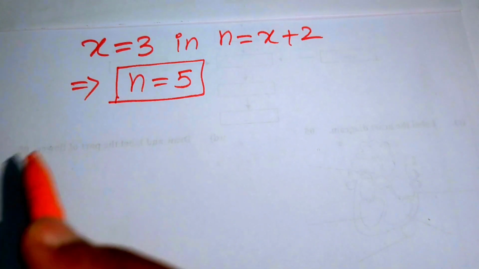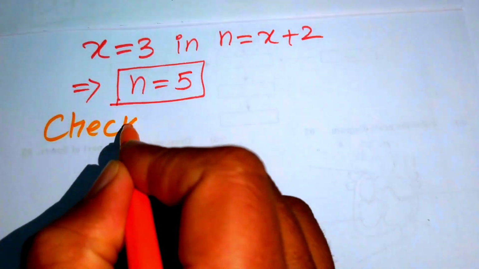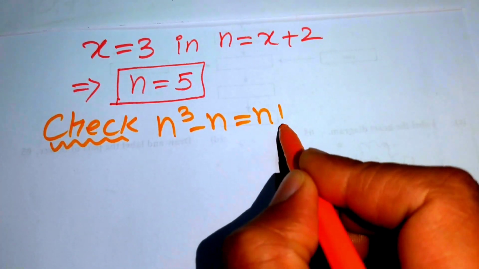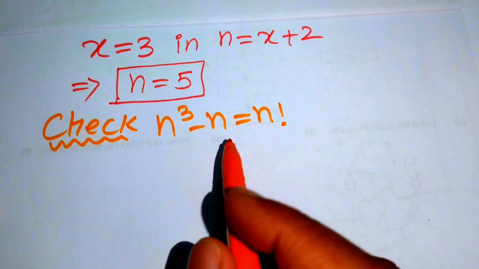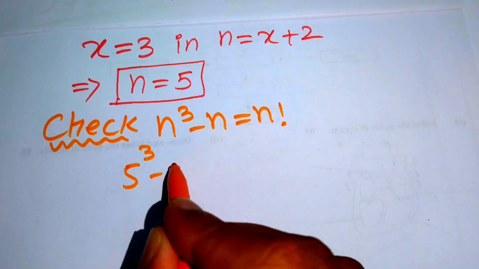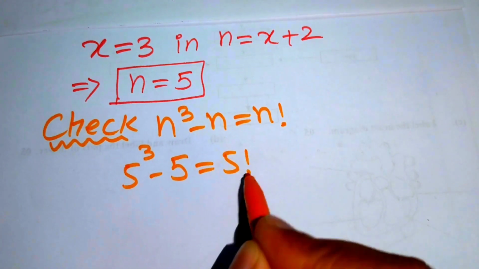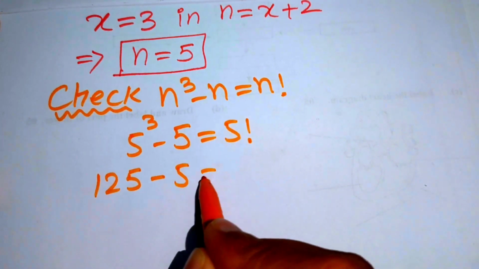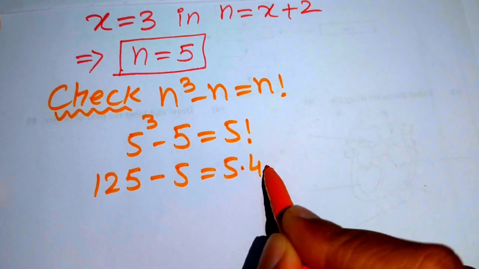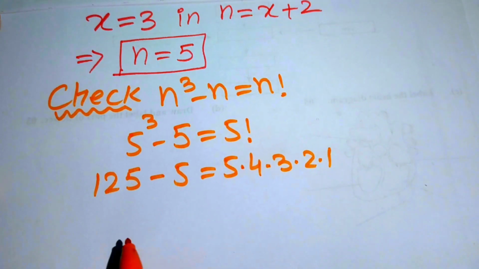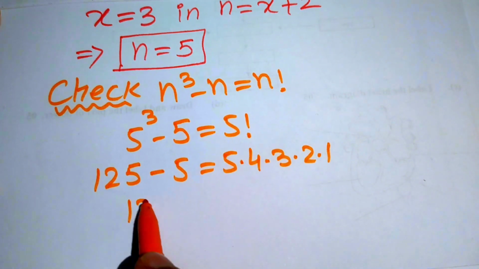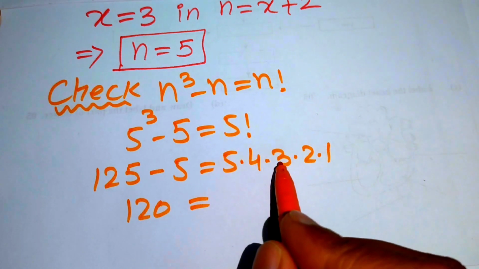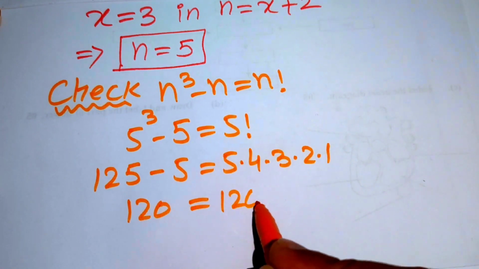So we have the given question statement, n cubed minus n equals n factorial, and here we put the value of n equals 5 on both sides, and we get 5 cubed minus 5 equals 5 factorial, and 5 cubed is 125 minus 5 equals 5 factorial equals 5 times 4 times 3 times 2 times 1, and 125 minus 5 equals 120 equals 5 times 4 is 20, 20 times 3 is 60, and 60 times 2 becomes 120.